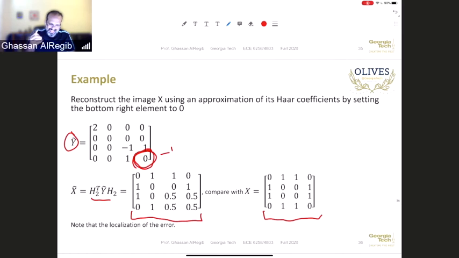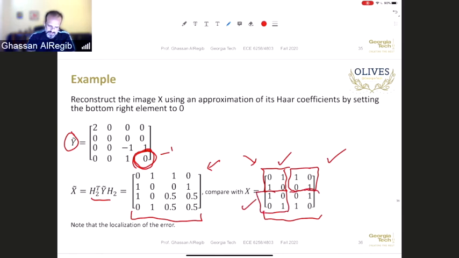That error in the Haar domain, it propagated to where? So if I compare this x tilde and this x, what do I see? If I look at this part of the image, they are identical, right? If I look at this part of the image, they are identical.